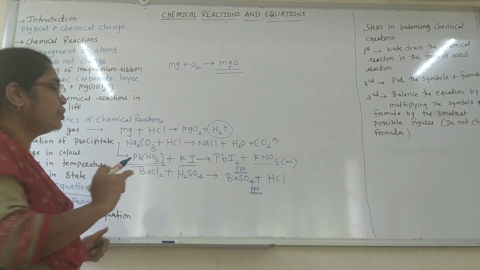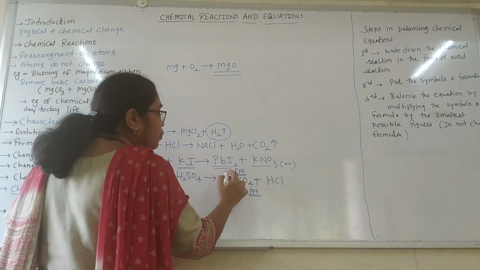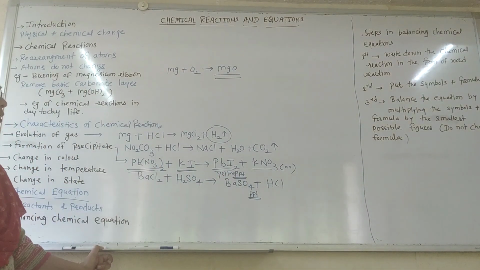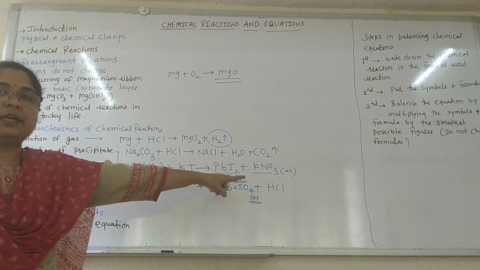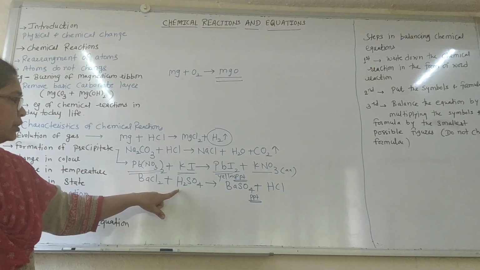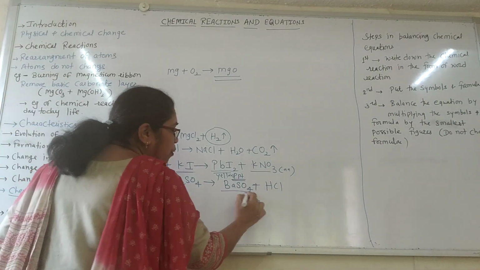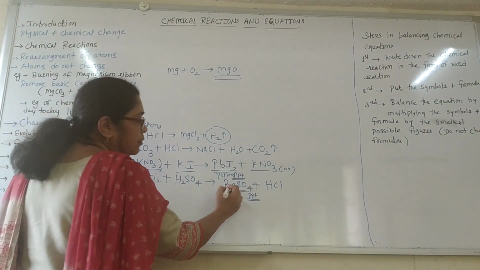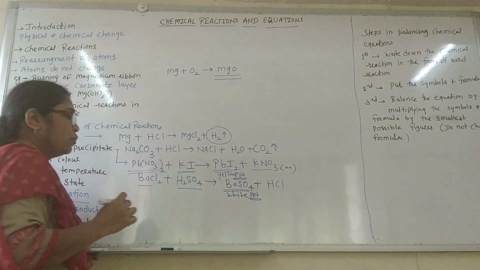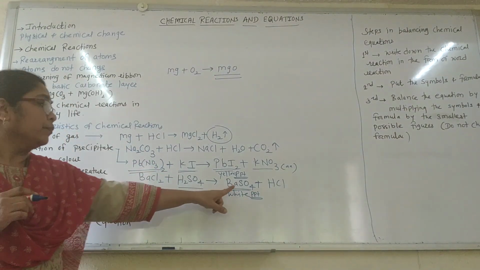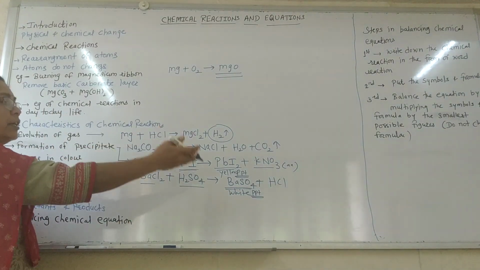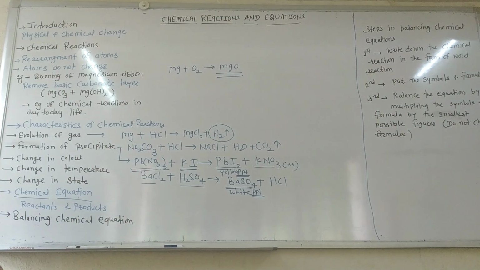But after the reaction, PbI2 is a yellow precipitate. In the second reaction, the precipitate formed is BaSO4 and the color is white. The reactants do not have any color, but the BaSO4 precipitate is white in color. So there is a change in color of the reactants after the chemical reaction.